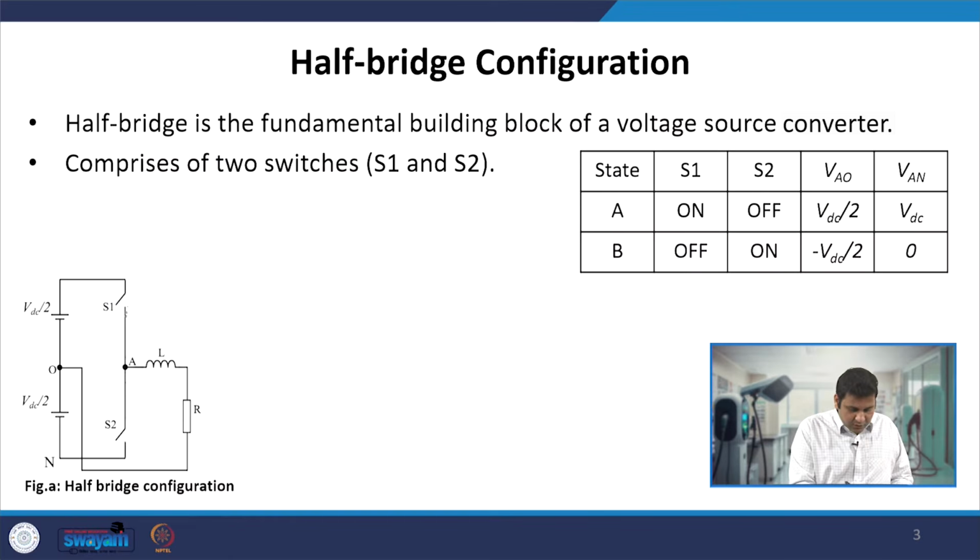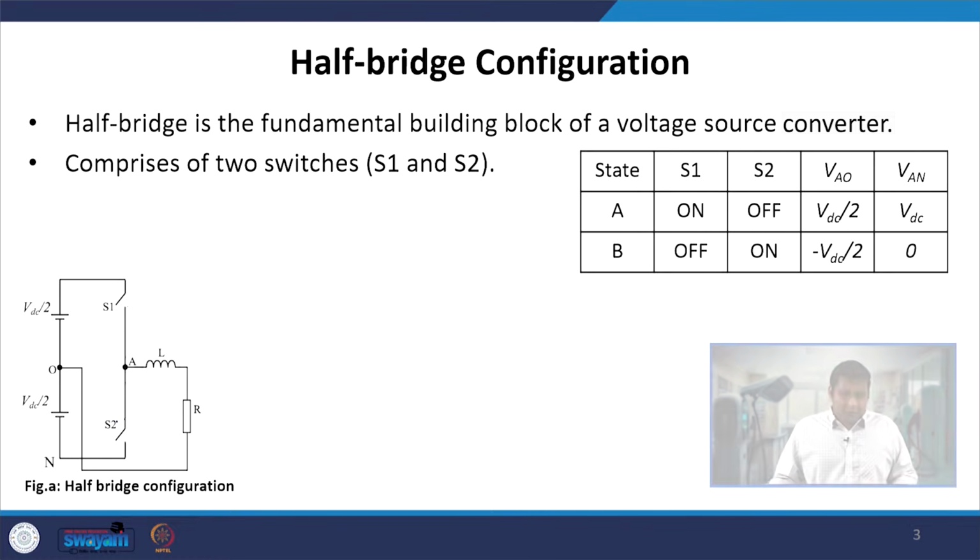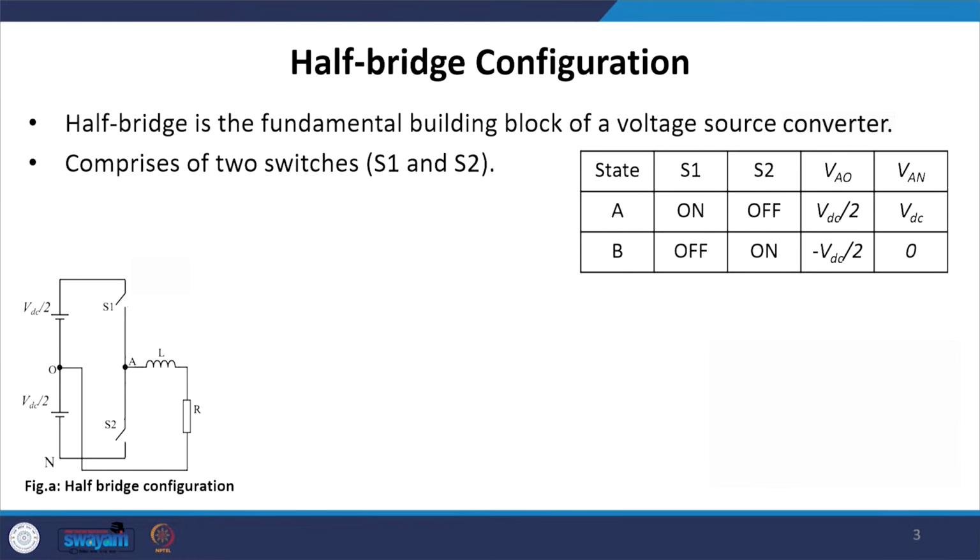It comprises two switches, S1 and S2, connected in this manner. Now these switches, as we have seen, both S1 and S2 block voltage of one polarity and allow the current to flow through them in either direction.